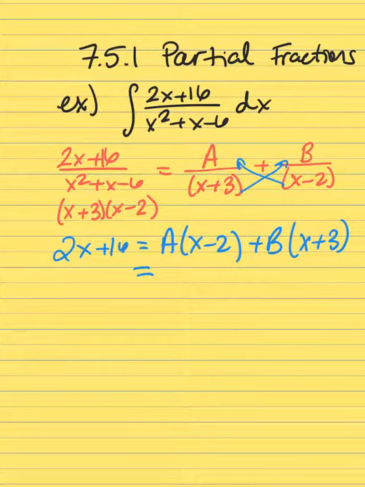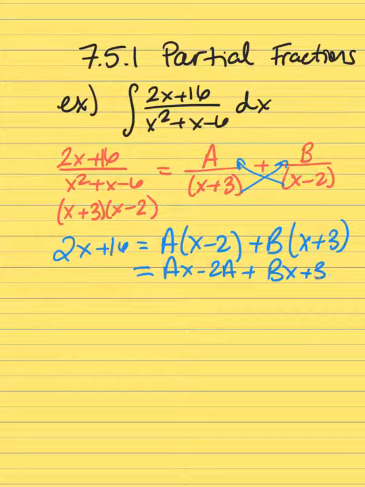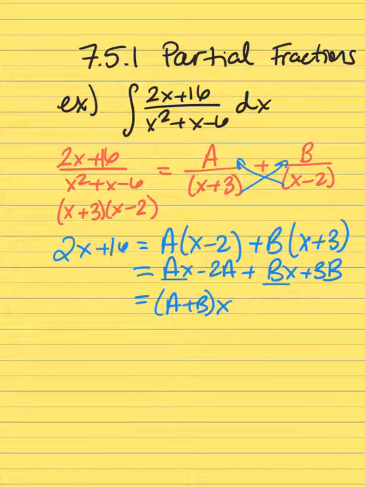Then I'm going to distribute: Ax minus 2A plus Bx plus 3B. Everything with an x, I'm going to put together: that's (A plus B)x. Everything without an x, I'm going to put together: plus (negative 2A plus 3B).